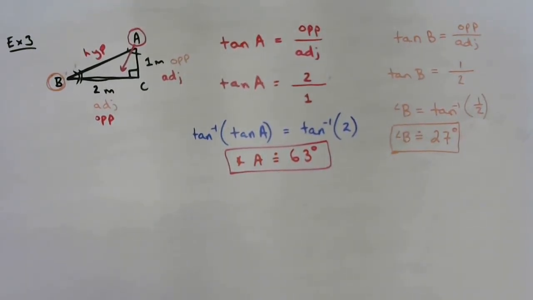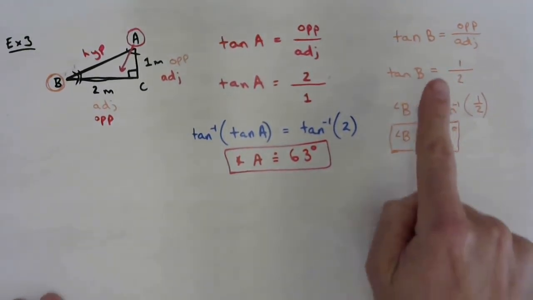So if it's not set to degrees, you might have gotten a funny other number. But if it is set to degrees, then you would have gotten 26.56, which we would have rounded up. If you don't have this calculator with you today, make sure you have it tomorrow. Okay? Or ask to borrow. Good.